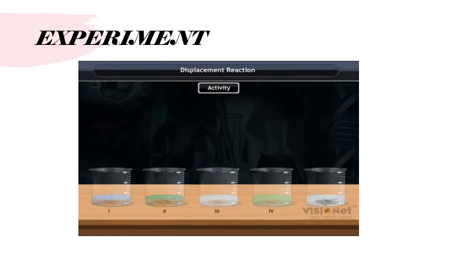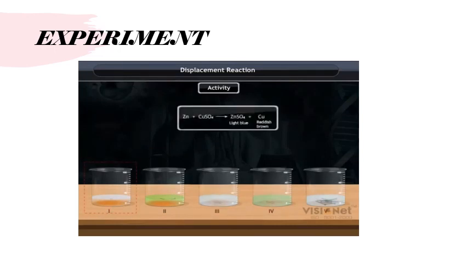You will observe that the color of the copper sulfate solution changes in beakers 1 and 2. On the other hand, no change is observed in beakers 3, 4 and 5. In beaker 1, zinc (Zn) replaces copper (Cu) from the copper sulfate (CuSO4) solution to form zinc sulfate (ZnSO4) and copper.